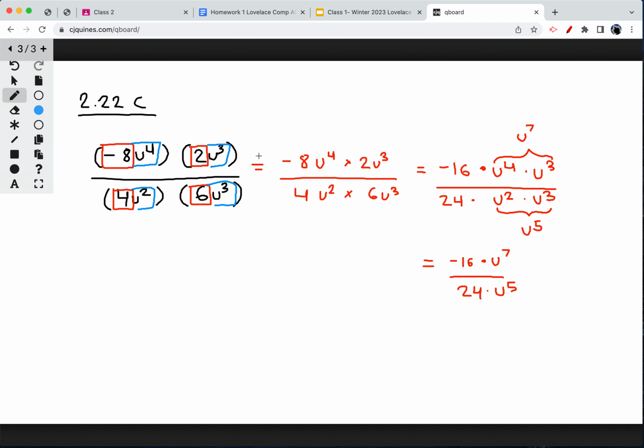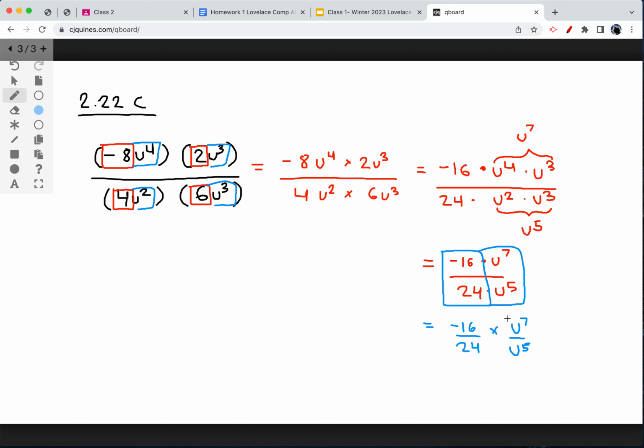And once again, we can separate the constant and the variable. So this would just be minus 16 over 24 times u to the power 7 over u to the power 5.